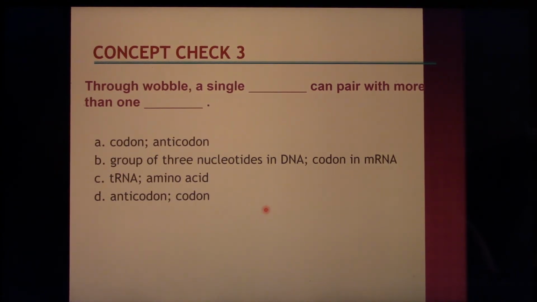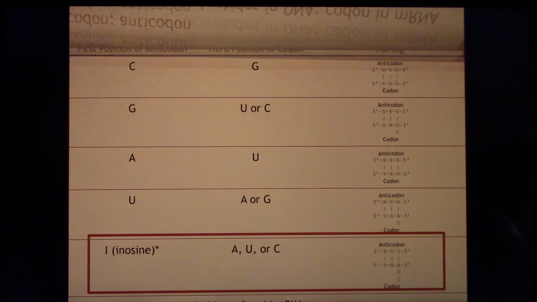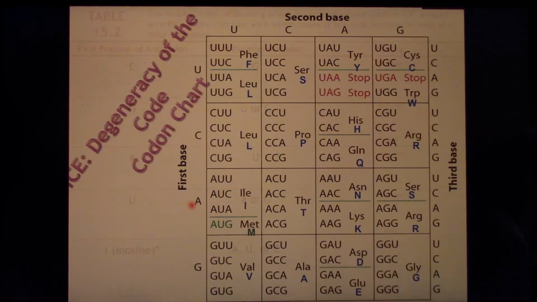Concept check. Through wobble, a single blank can pair with more than one blank. The answer is a single anticodon can pair with more than one codon. If you go back to that chart, we had all these different codons that brought us the same amino acid.